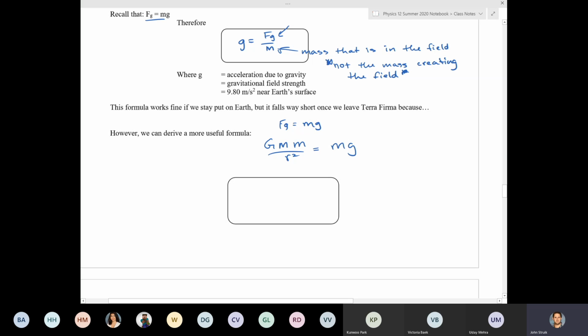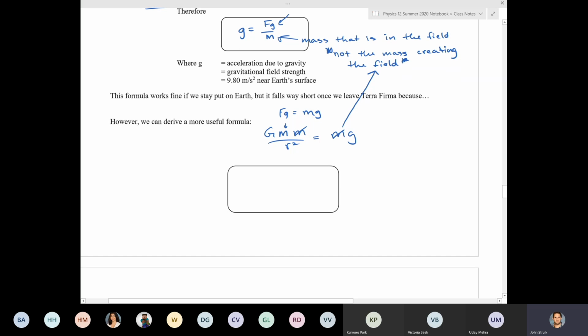Now one of these masses is going to cancel out, and remember that this is the mass that's in the field. It's not the mass that's creating the field. That means that this mass right here is the mass creating the field. And so based off of this, we get a new formula that is g equals G m over r squared.